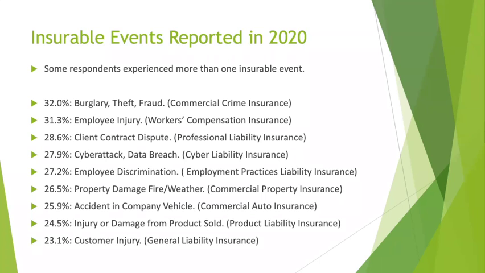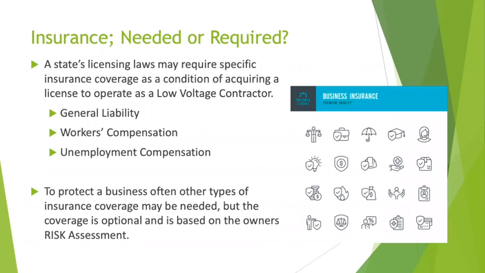Several of these products could be covered in a commercial policy, but you have to know which ones to choose. What do they cover? What is your risk of having that? And then what you would need to cover with your insurance policy.